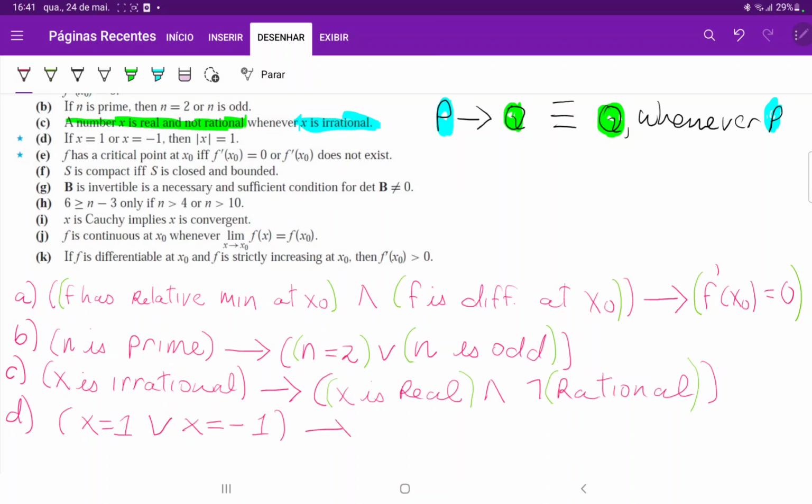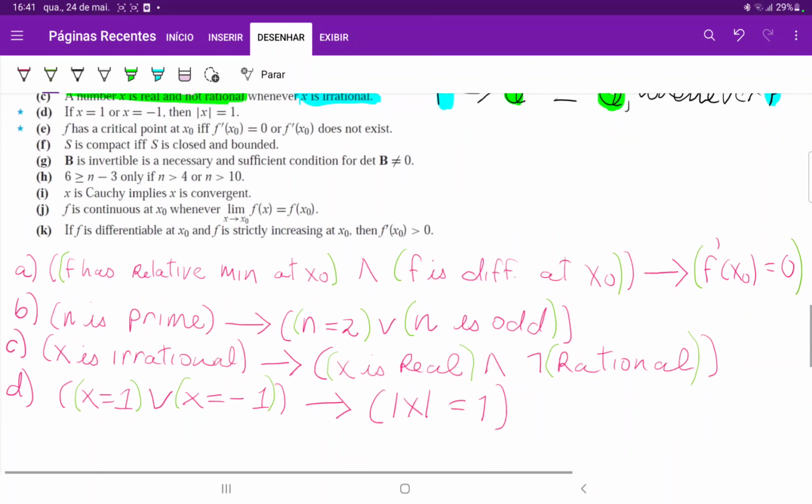Then I'm just going to open the parentheses once more, absolute value of x is equal to 1. All right, now all that's missing is for us to put parentheses to indicate the order of operations. So we'll just put another parenthesis around each of these statements just so that it's super clear that we're evaluating the or first. Yep, that is it.